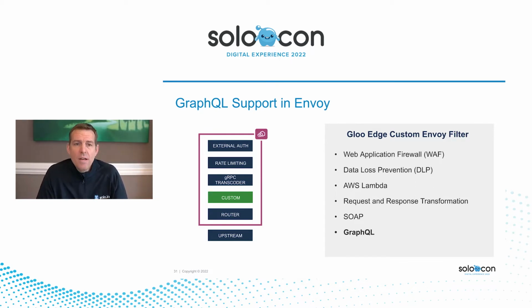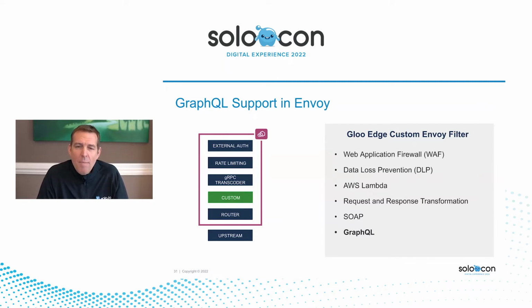And so what we've done to achieve that is we've implemented a GraphQL filter in Envoy that performs as a full GraphQL server. No need for a separate GraphQL server deployment. The filter itself fully understands the GraphQL language and protocol and can service your GraphQL requests.